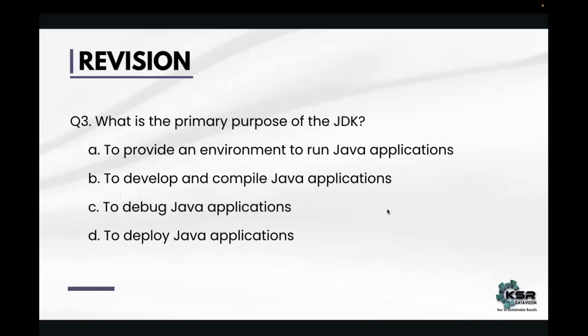JDK has tools like javac and other tools that are used for development. JDK contains JRE, I understand, but if someone asks the primary purpose of JDK, it's to develop and compile Java applications. If someone asks the primary purpose of JRE, you can write that it provides an environment to run Java applications. Okay. I know why we can get confused in this, but I think now it's clear, right? That's why I have put this question.